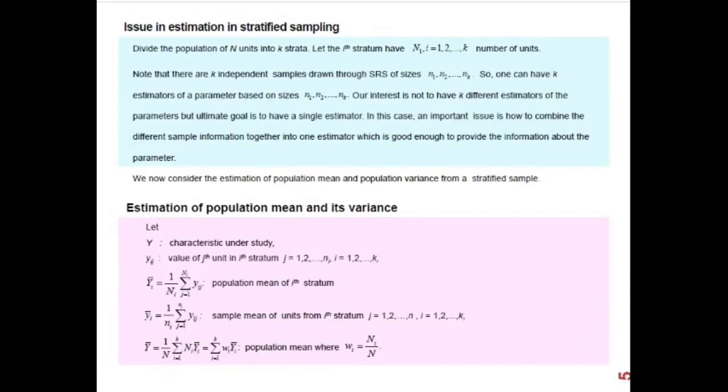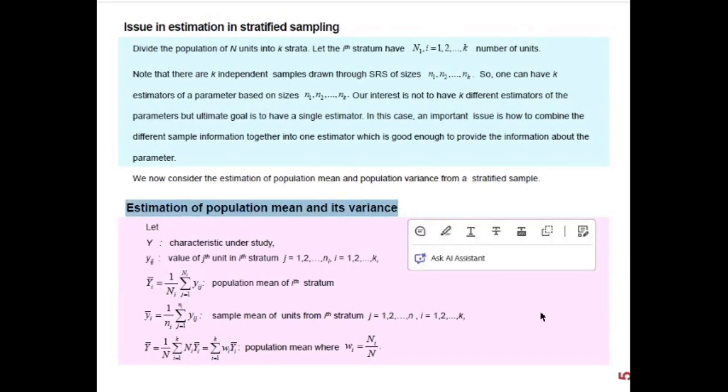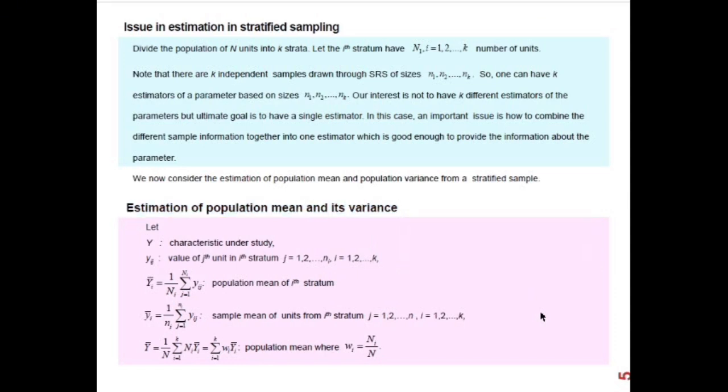A very important task in stratified random sampling is the estimation of the population mean and its variance. So these are some formulas which you have to understand very clearly.